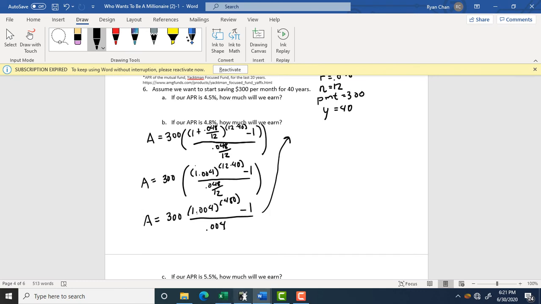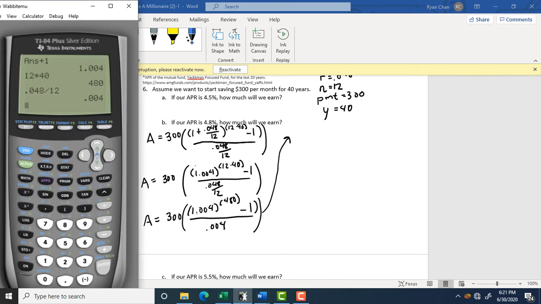Next step, you take the 1.004 and raise it to the 480.